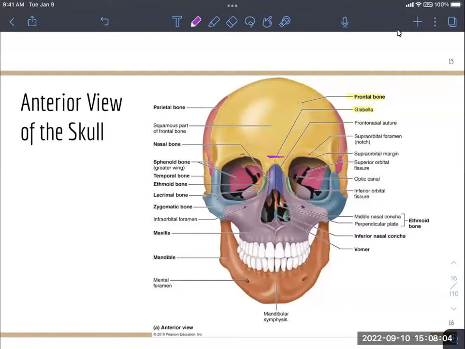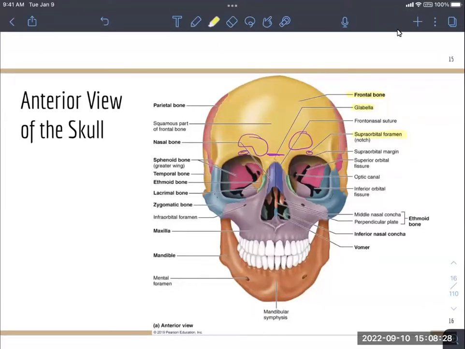We have our supraorbital foramen. Like I said, they're right in here. You don't see it in this picture, but there are frontal sinuses up in this area a little bit. We have that supraorbital margin, so it makes up the superior part of our orbit.